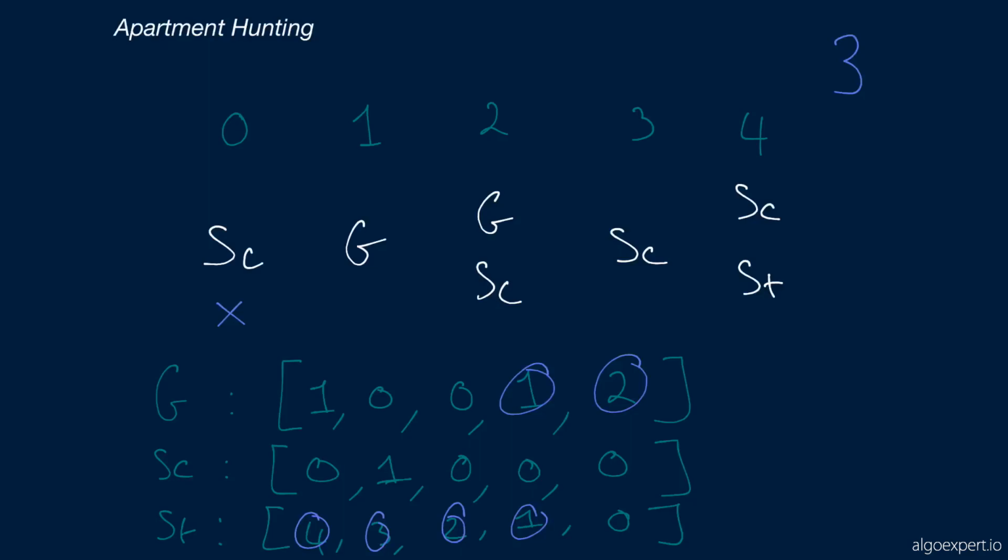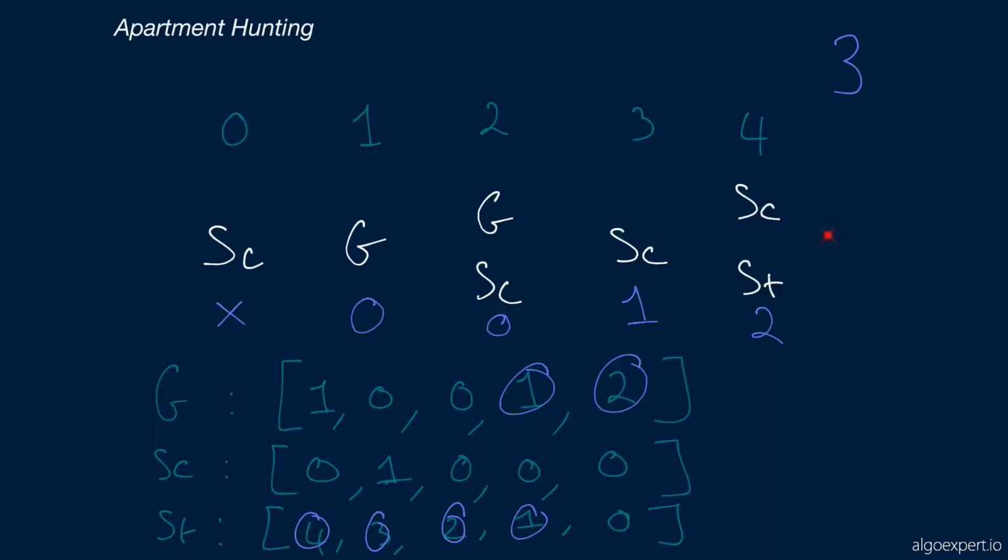Here, there's one and it's 0 away. Here, there's another one and it's 0 away. Here, there's another one and it's 1 away, right before me. And here there's one and it's 2 away.